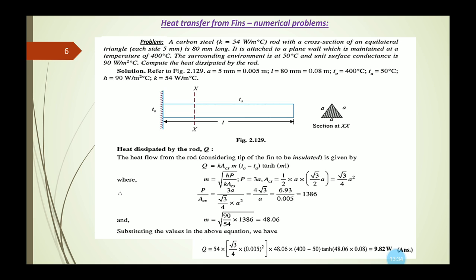Now here the formula of m is equal to root under hP by kA, and P is the perimeter of this fin, that is of this equilateral triangular fin. So P is 3a, and the area is half a times root 3a by 2, that means root 3 a square by 4 for this equilateral triangle.